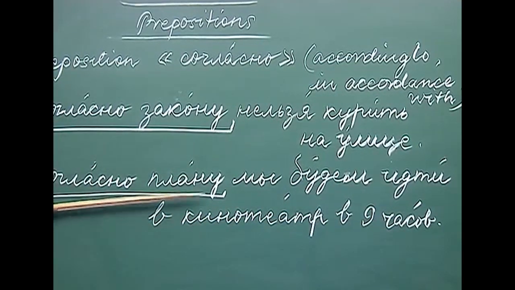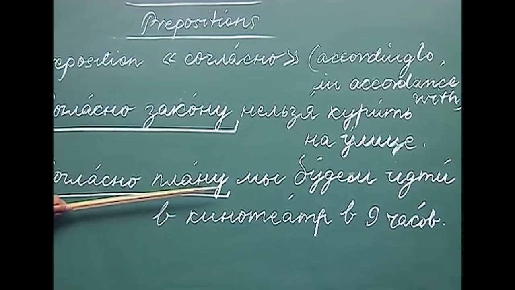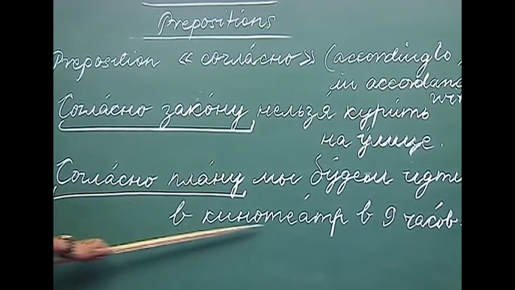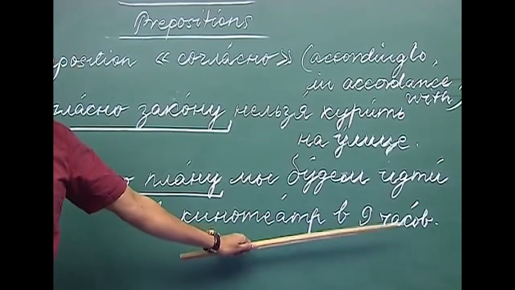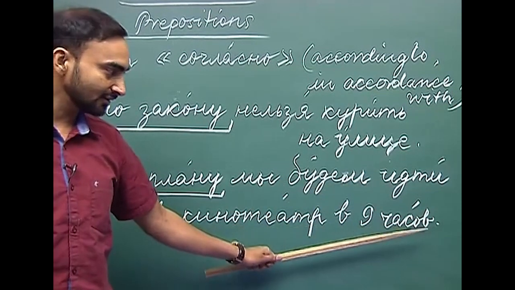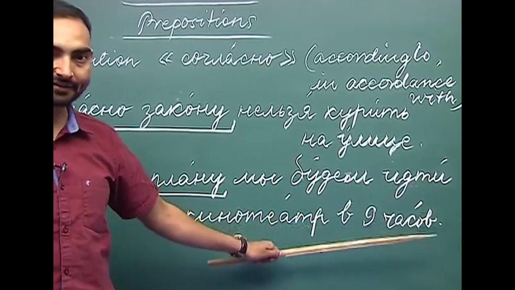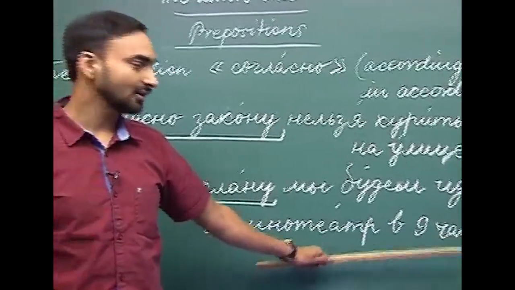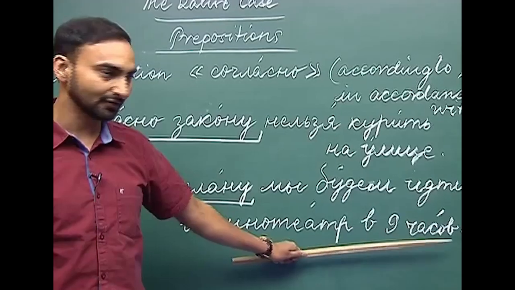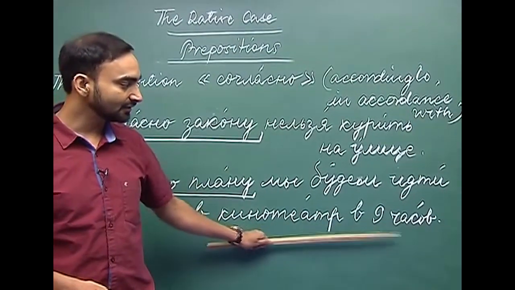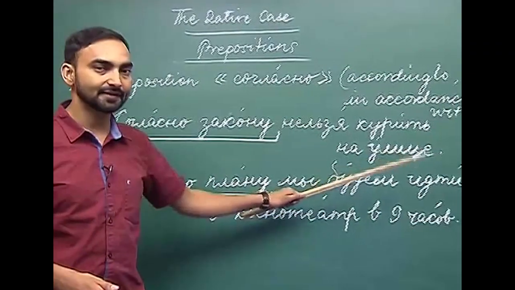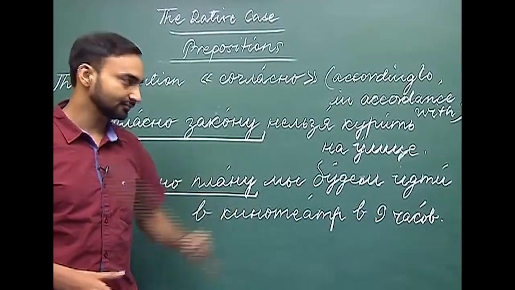So, here again план, which is a masculine noun, has been used in the dative case, and часов. Часов, if you remember, we have discussed how we express time in Russian, and I have told you that час has 3 forms, and with 5 onwards up to 20 we use часов. That is why we have used here 9 часов.